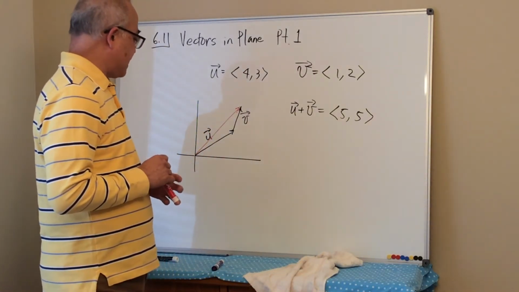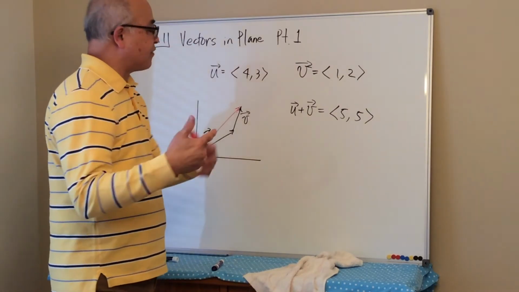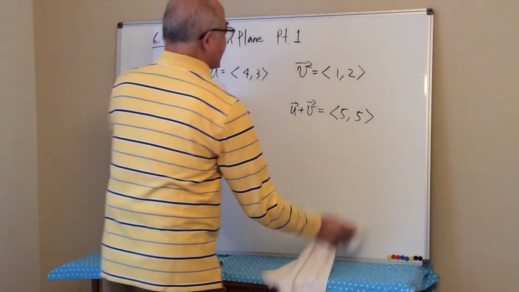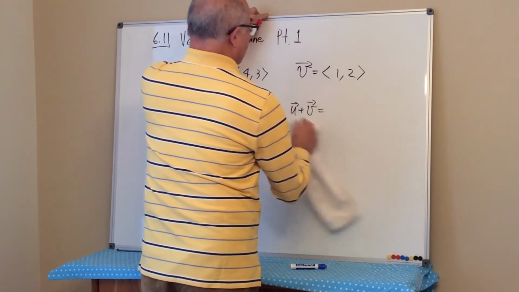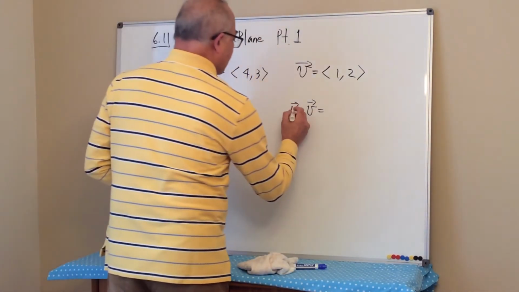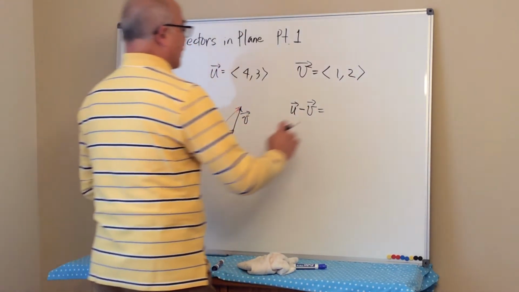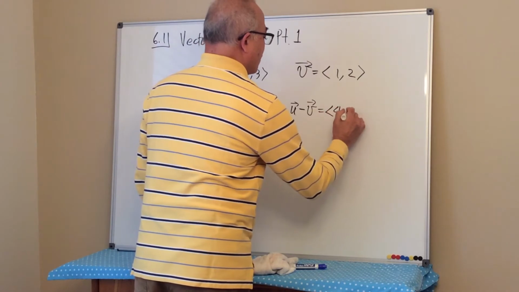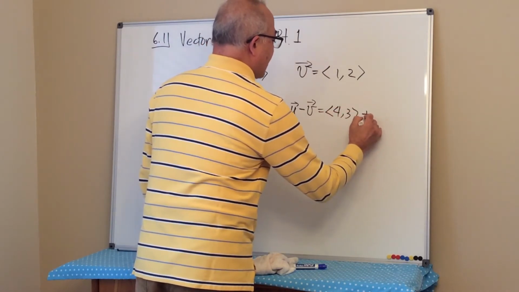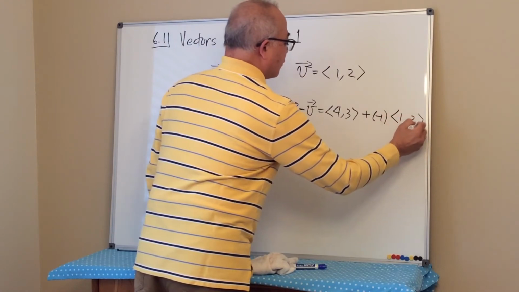Let's see what happens when I subtract these instead. If I subtract the v vector from the u vector, what do I get? I get (4, 3), and I'm actually going to add the negative of (2, 1).